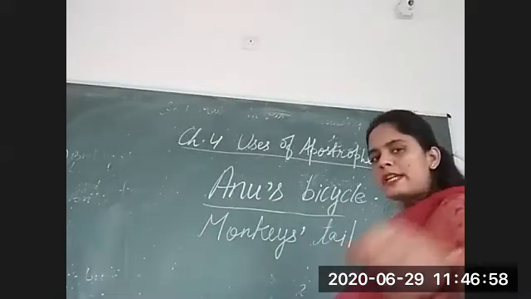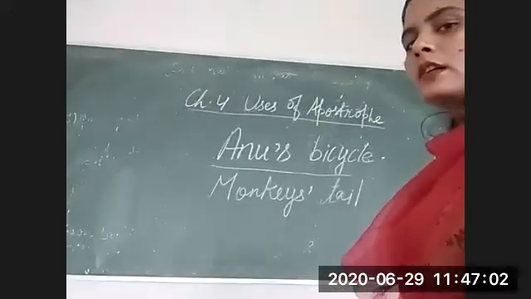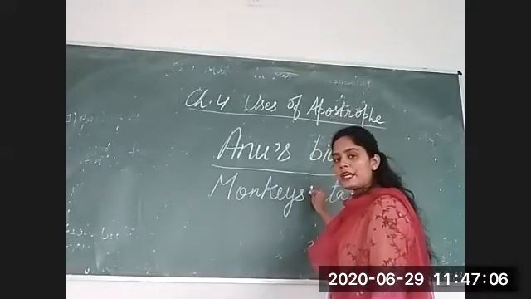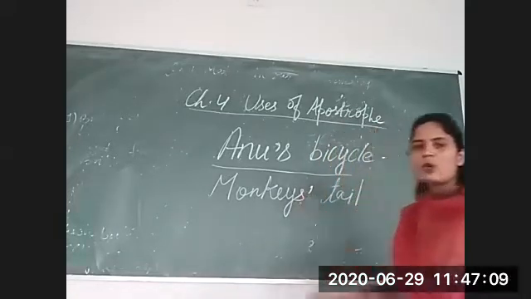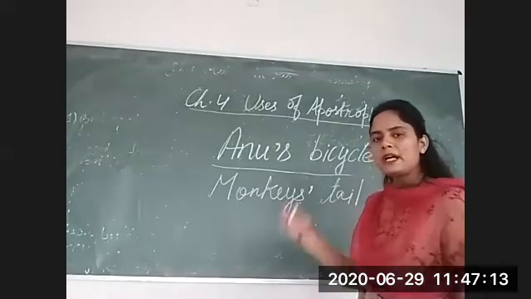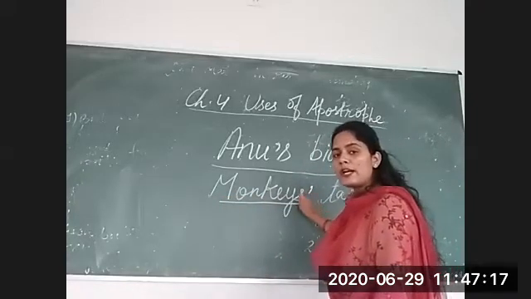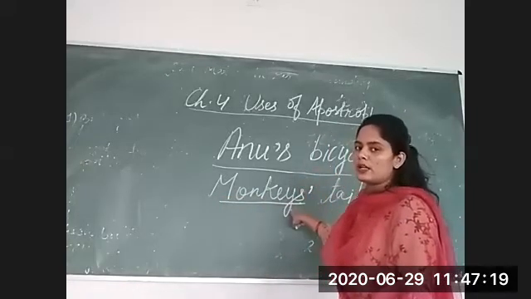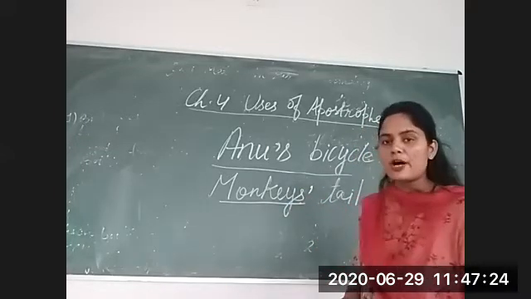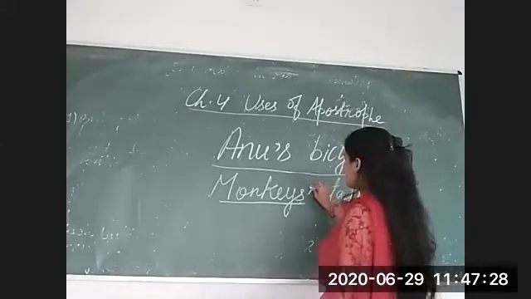So you can see, children, in monkeys' tail I have added apostrophe after s. Why? Because I am talking about many monkeys. Here the word monkey is plural. That's why, if we are talking about plural, we add apostrophe after s.